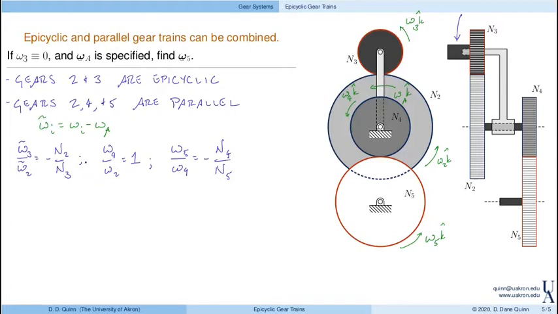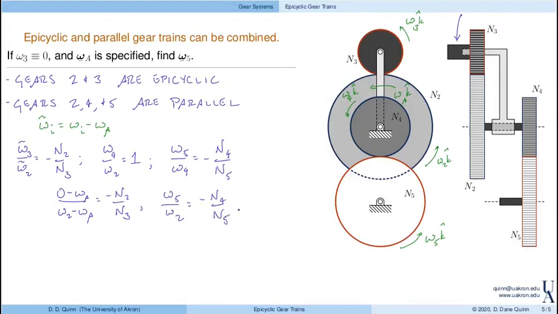So if I look at this, we have two relationships here, right? So essentially, looking at this first one, omega 3 is equal to 0 minus omega arm, and then omega 2 minus omega arm is minus n2 divided by n3, and we can relate 5 and 2 because they're in a parallel train. So omega 5 divided by omega 2 is equal to minus n4 over n5.